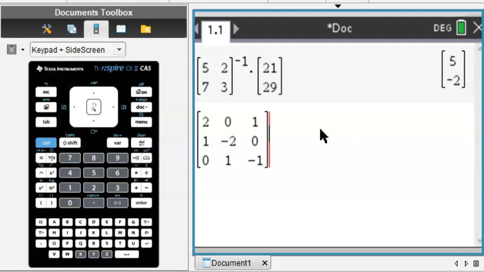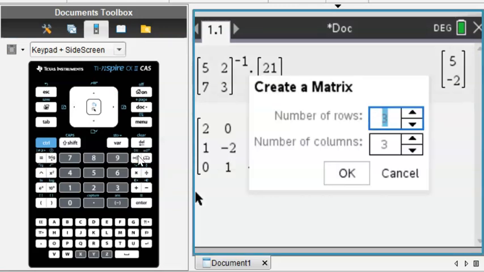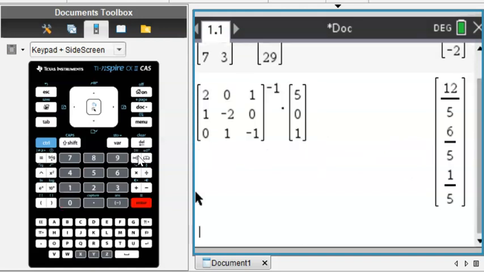Remember, to the power of negative 1 to make it the inverse. And now multiply by our answer column matrix, which is a 3 by 1. And our values there were 5, 0, and 1. Press enter and I get my values there.